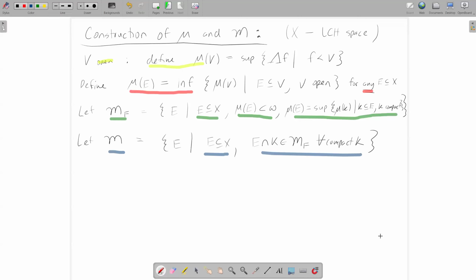So we need to prove countable additivity for mu, and we need to prove the closure under countable unions and complements, and we need to prove that the whole space is in the sigma algebra M. So we have all that. And basically this other stuff is going to be ancillary stuff that will help us to prove the properties that we need to prove.